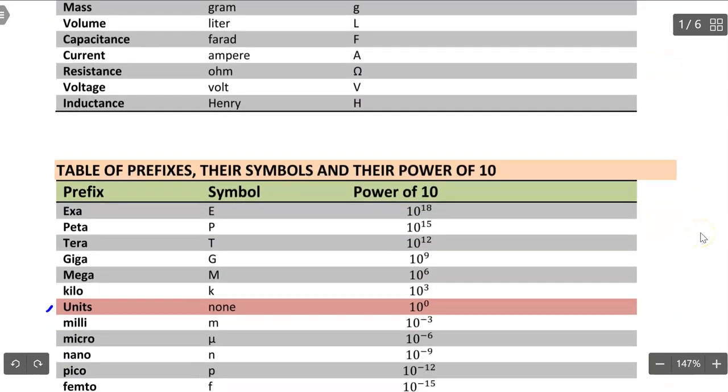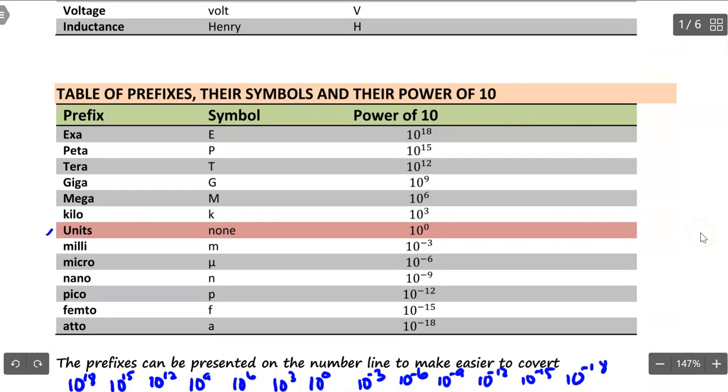Engineering notation is when you have a prefix attached to a unit, and each of these prefixes has its own symbol and its own power of 10. It goes from the very big numbers to the very small measurements, and it's all represented by the decimal and by 10 to the exponent.